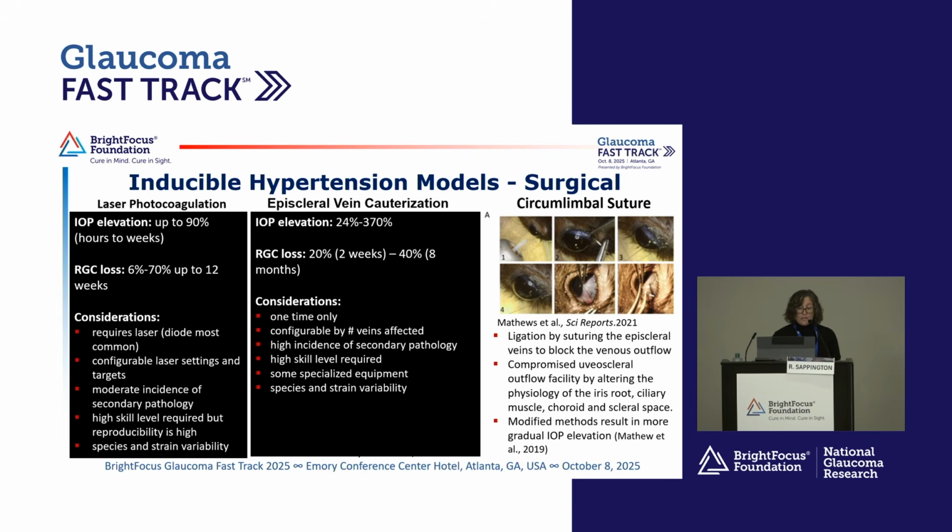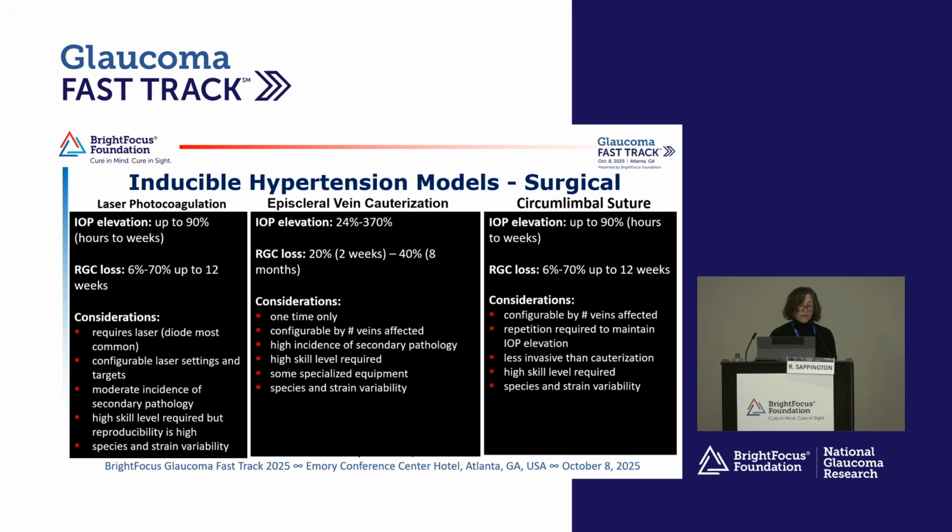The one I have pictured here is Matthews et al., who described a modified version of the model for gradual IOP elevation. So similar IOP elevations to the other two we've discussed, similar RGC loss. There's a high skill level required, but it's less invasive than cauterization, and so secondary effects are lower.